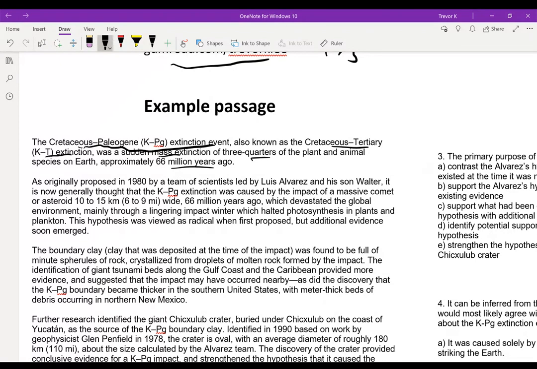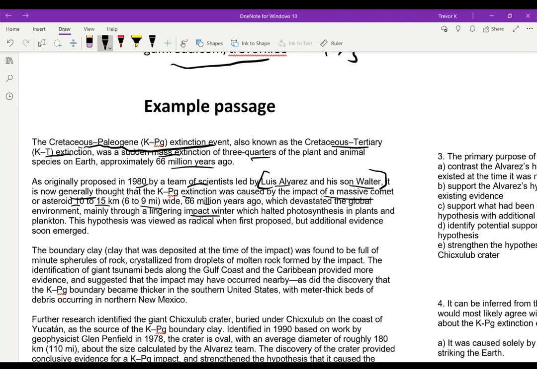What's the second paragraph? It was originally proposed in 1980 by a team of scientists led by Luis Alvarez and his son Walter. So, I got some people here. All right, it's the point of view. It is now generally thought, so this is both Luis Alvarez and Walter, and generally, that the KPG extinction was caused by the impact of a massive comet or asteroid, 10 to 15 kilometers, 6 to 9 miles wide, 66 million years ago, which devastated the global environment, mainly through a lingering impact winter.